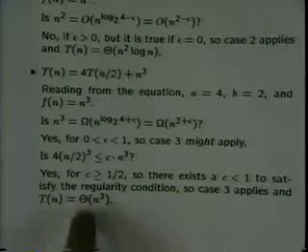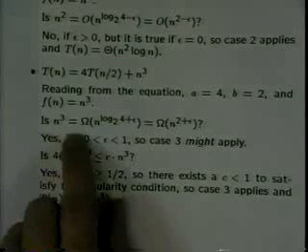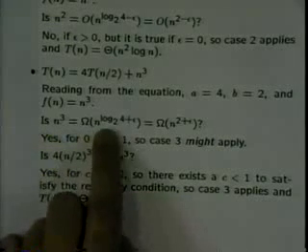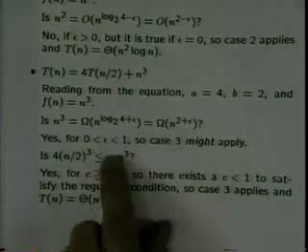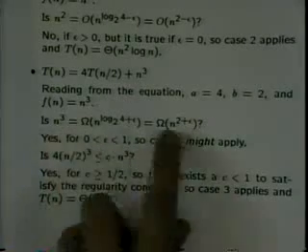No, so case 2 doesn't apply. But does f of n, n cubed, grow greater than n squared plus epsilon? Is there a value? Yes, so long as that epsilon is less than 1, n cubed is going to be greater than n to the 2 plus epsilon. So it's possible case 3 applies.